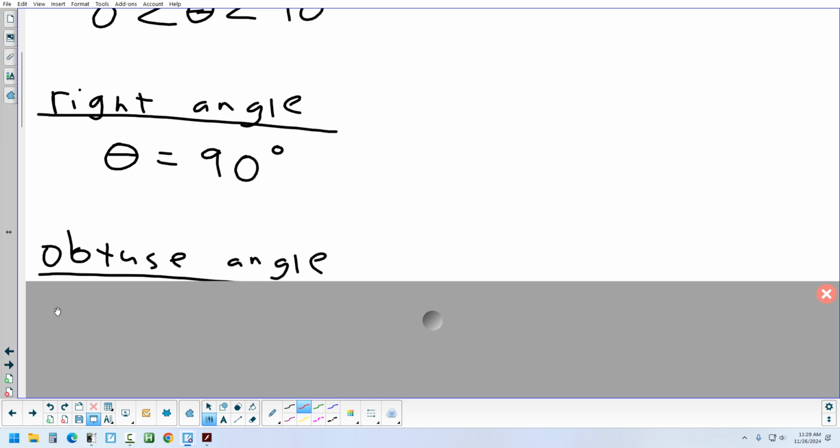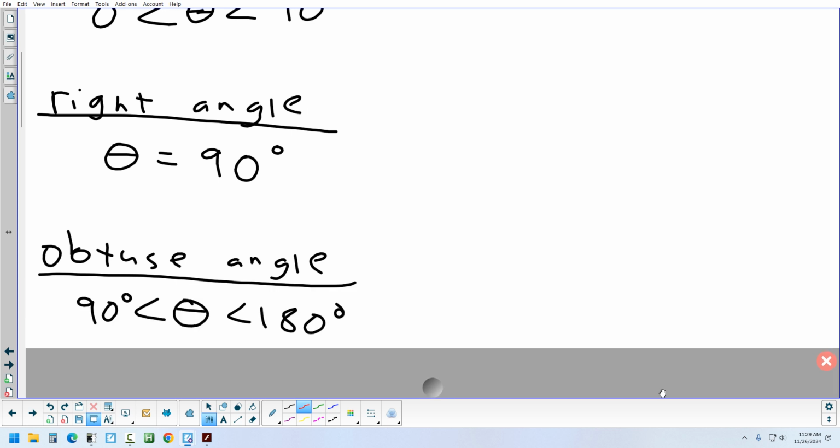What's the measurement an angle could be and be in the obtuse range? Between 90 and 180, open interval, not including either one. If it's exactly 180, we call that a straight angle. In triangles, we never have that situation come up, but you could have any of those in a triangle.